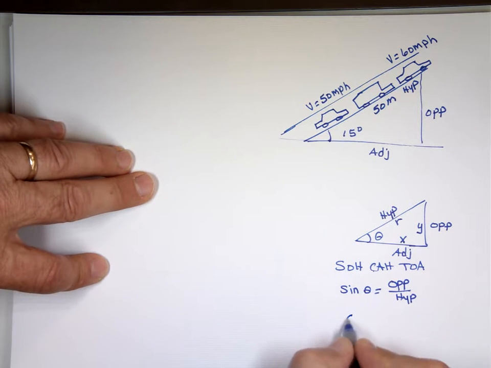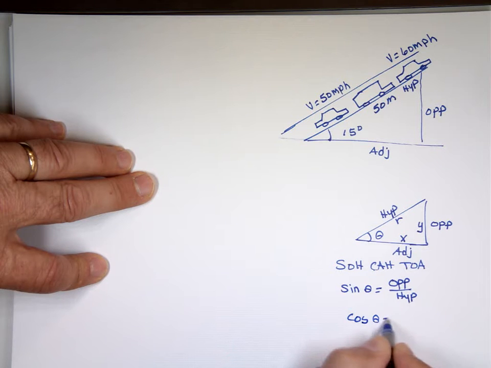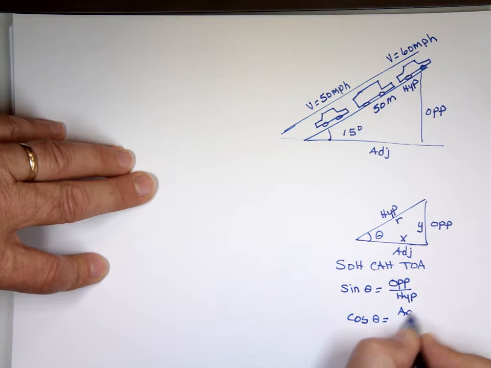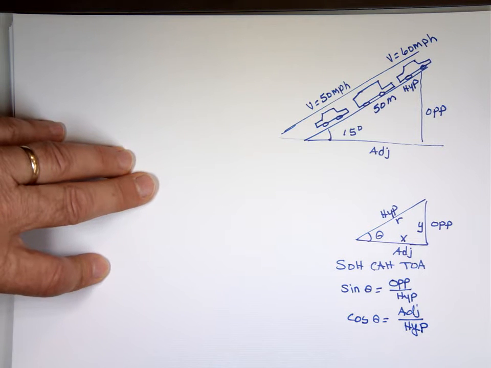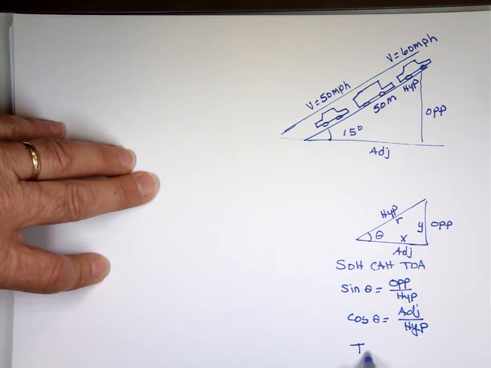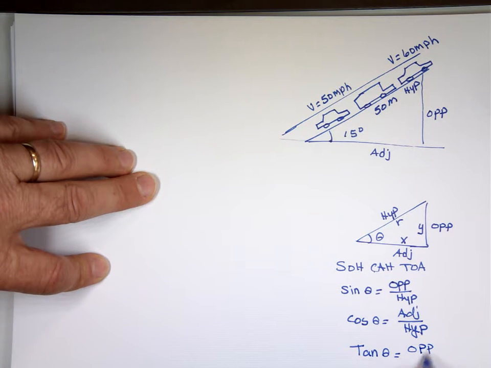C is for cosine. It's the adjacent over the hypotenuse. And T for tangent is the opposite over the adjacent.